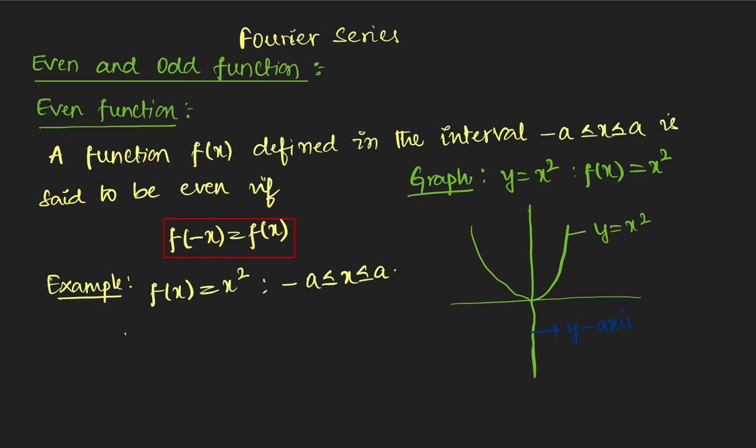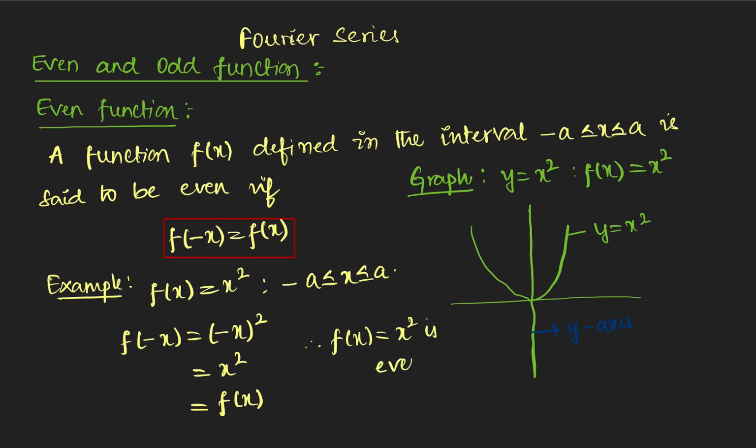Then f of minus x is equal to minus x whole square. So minus x whole square will give x square. That is the same as f of x. Therefore, f of x is equal to x square is an even function.